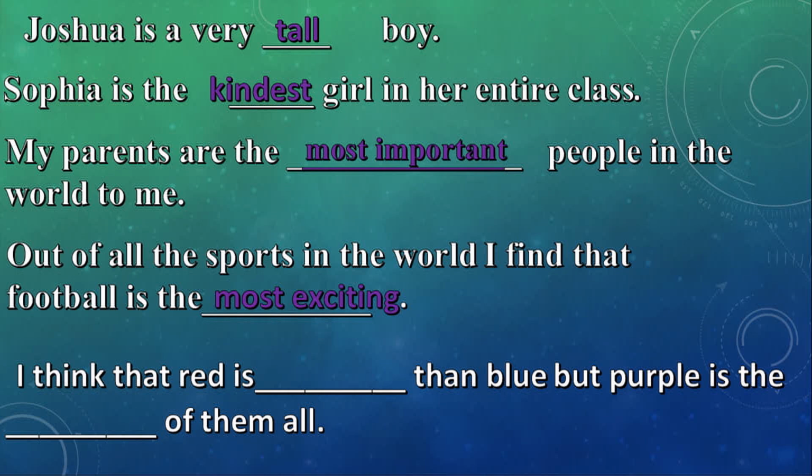So I think that red is prettier than blue, but purple is the best of them all. So what we have here is we have a comparative, and we have an irregular and superlative in the last slot there.